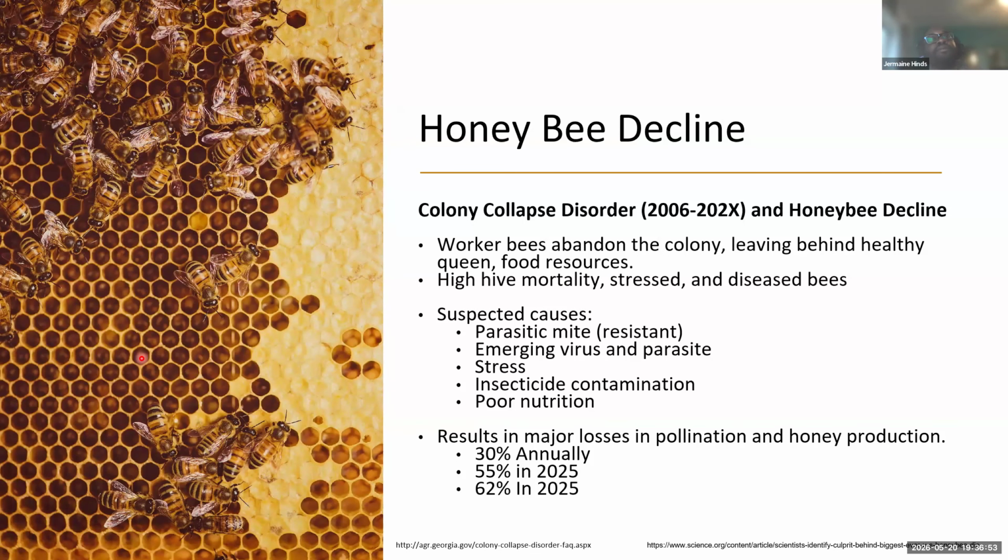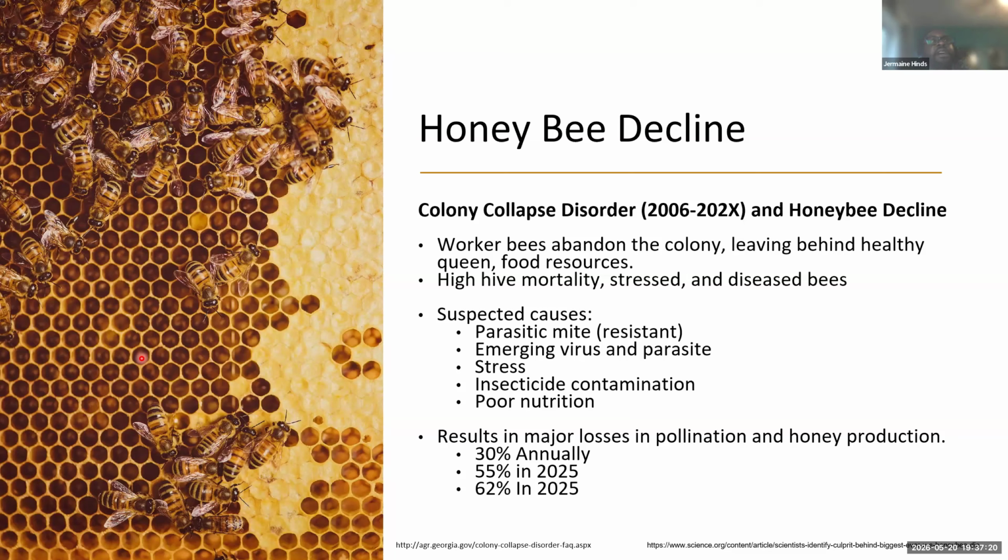In the past 20 years, we've been seeing a lot of honeybee decline. I think a lot of it was first noticed in 2005, 2006, when they noticed this new phenomenon where worker bees were abandoning the colony, leaving behind a healthy queen and food resources, and they eventually came to call it colony collapse disorder.